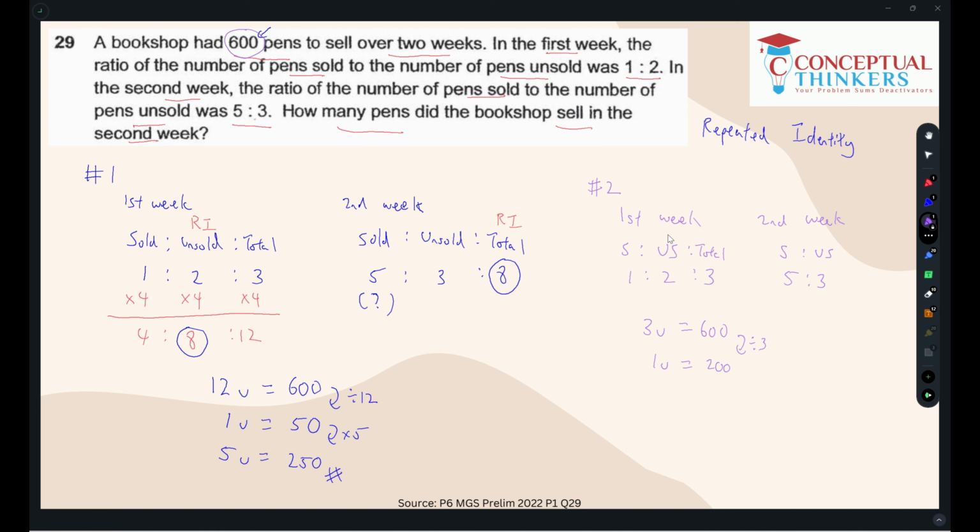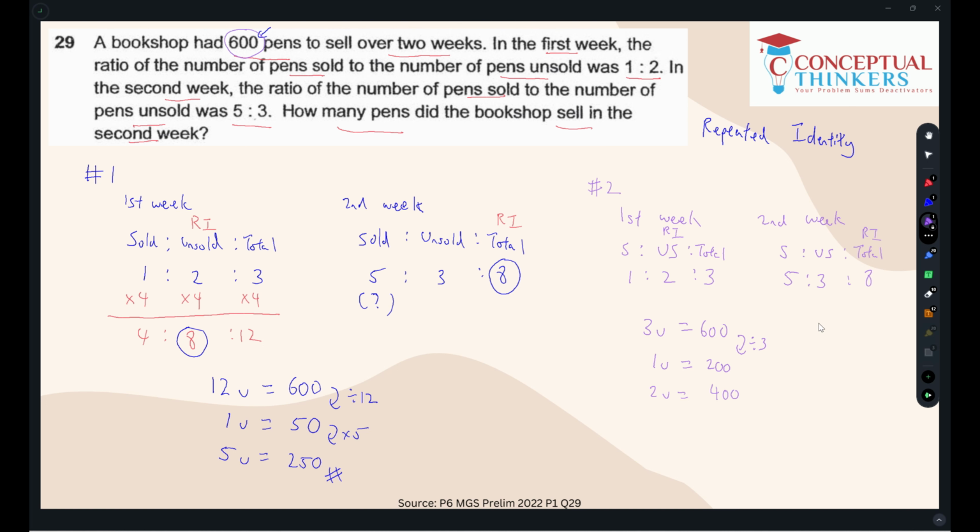We know that our repeated identity here is the unsold here against the total here. So let's create a total. This will be 8, the repeated identity. I'm going to find 2 units first. That will give me 400. Here I will use part to represent.